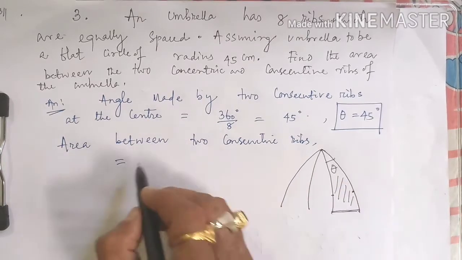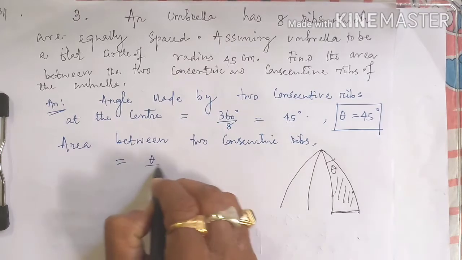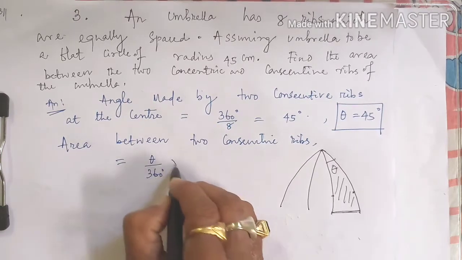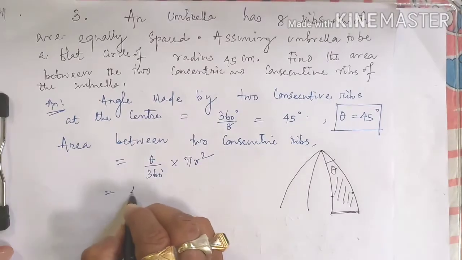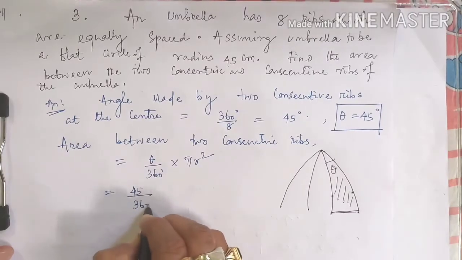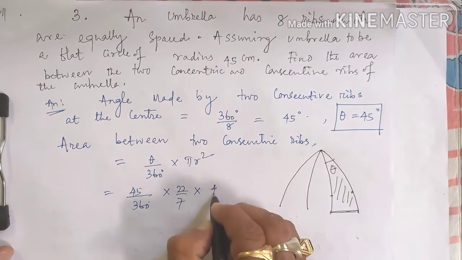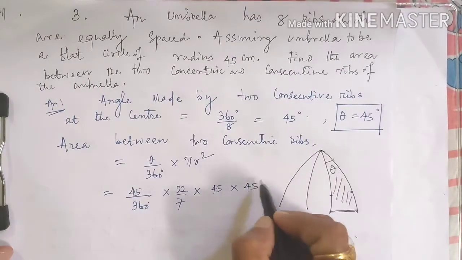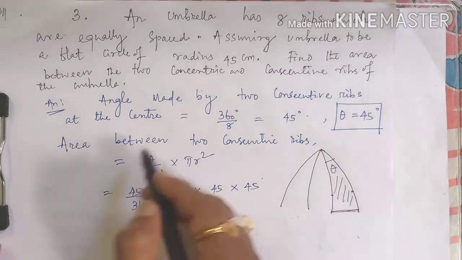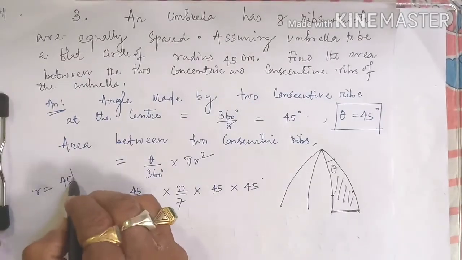Area between two consecutive ribs, the same as the area of the sector, is equal to theta by 360 degree into pi r square, and it is 45 by 360 degree into 22 by 7 into 45 into 45. Clear? Because 45 centimeter is the radius. Here also r equal to 45 centimeter radius.